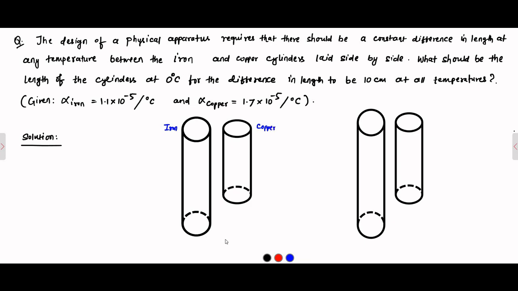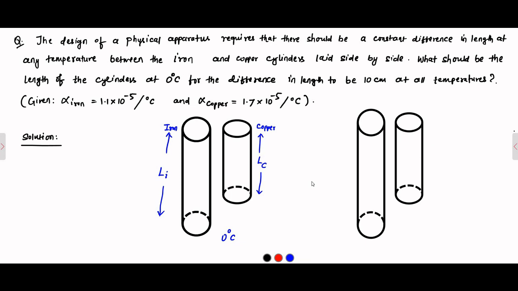This is at 0 degree Celsius, and let's say they have their initial lengths. This is, let's say, Li, and this is Lc.